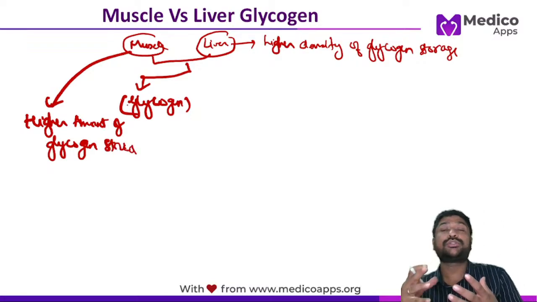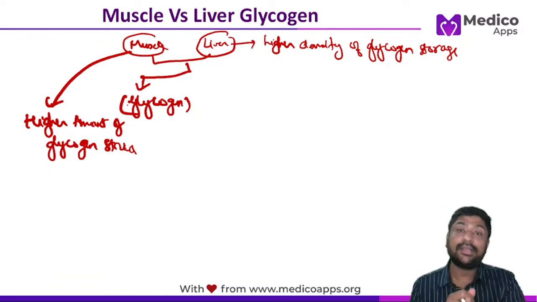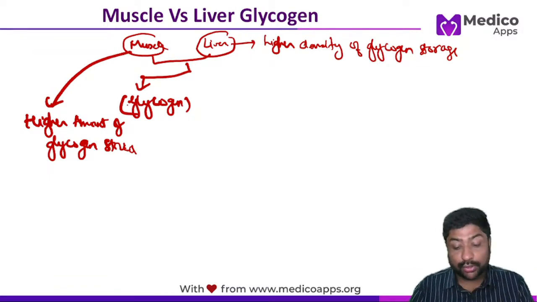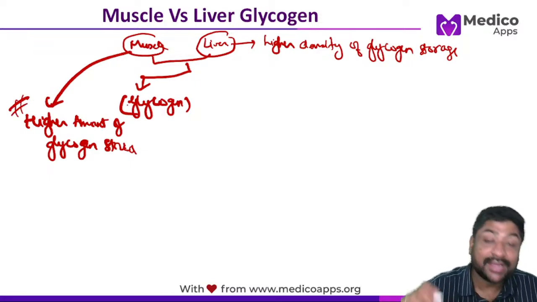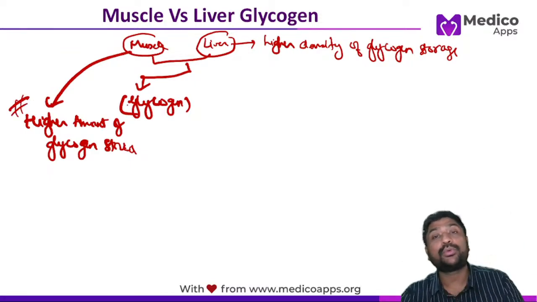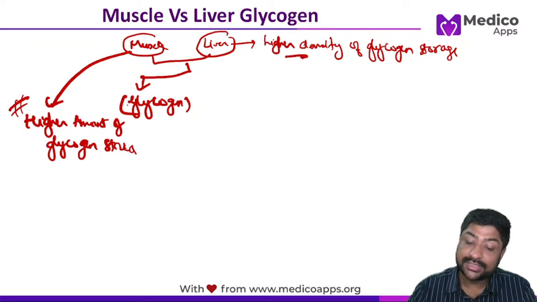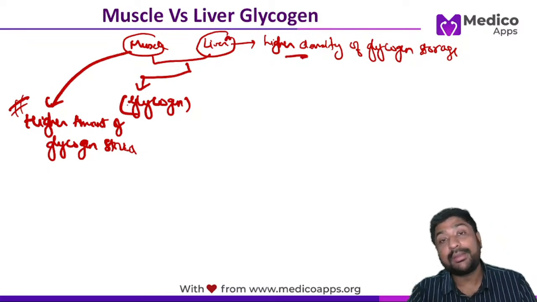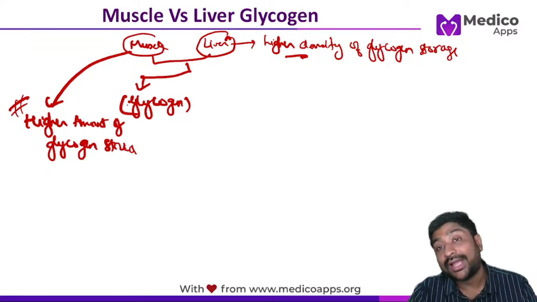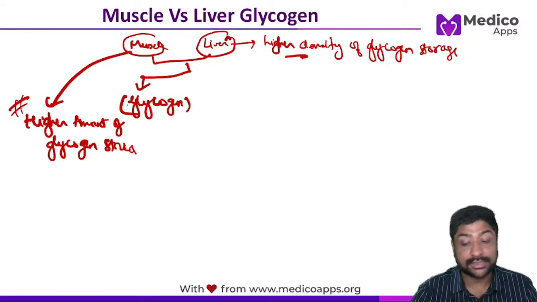So density of glycogen storage is higher in liver, but if they ask you the total amount of glycogen storage, don't answer liver, the answer is muscle. This is what they are going to trick you with in the exam.